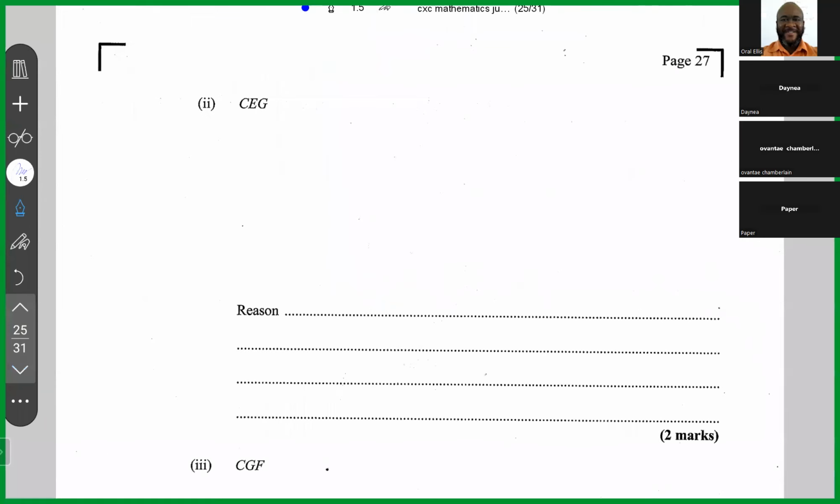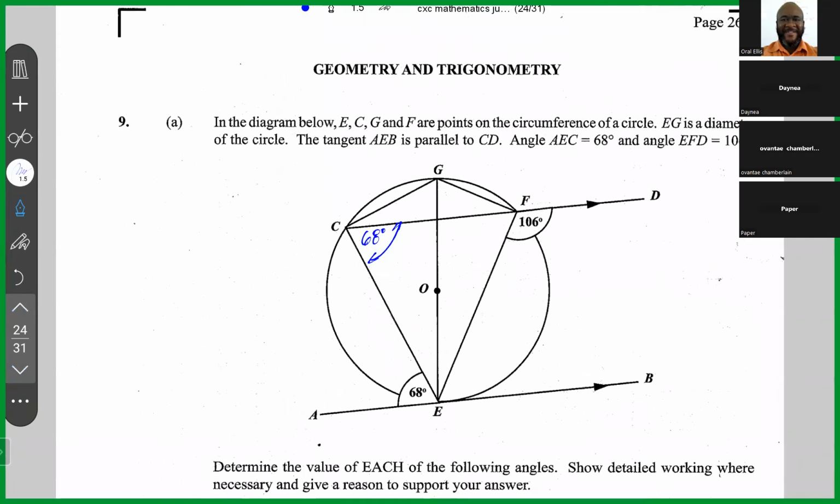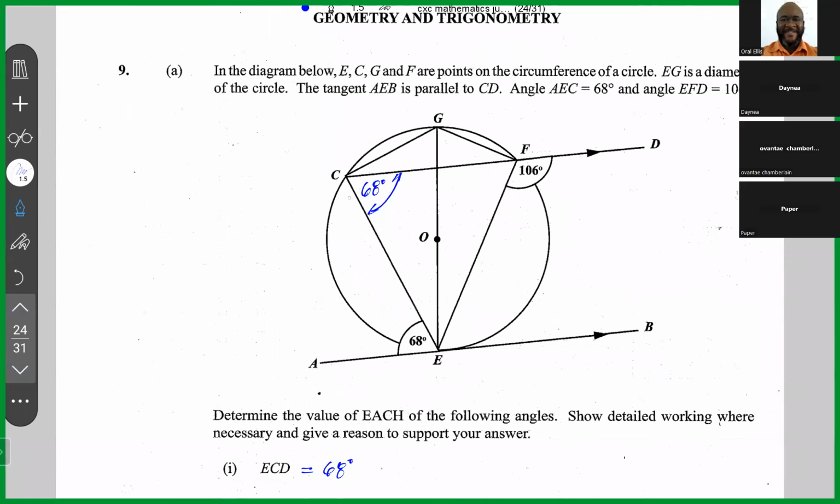We need angle CEG. CEG, we need this angle. All right, I'm going to use the fact that angle OEA is 90 degrees.